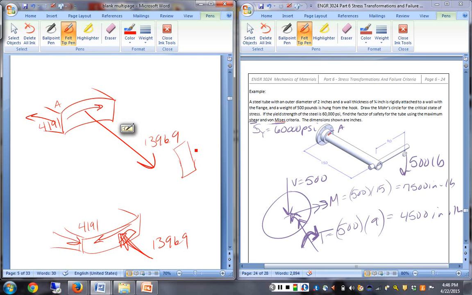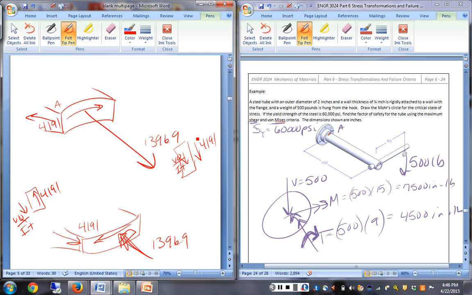We would have a 4191 and some unknown value from the shear V, a VQ over It. And on this side, it would be 4191 and a VQ over It. But it would be a pure shear state. There is no normal stress at those two.